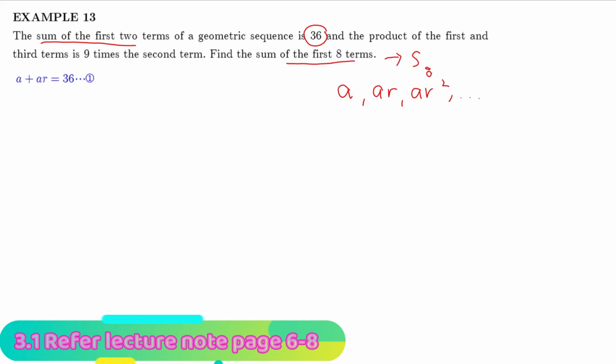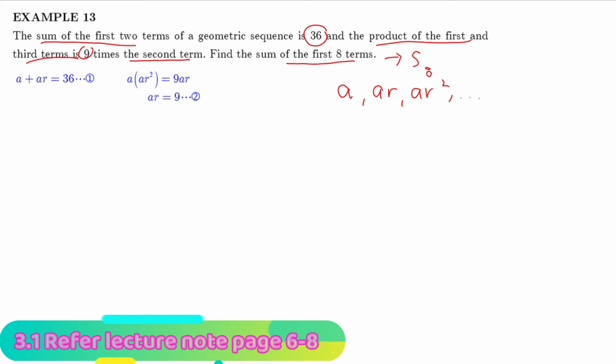And the second one, the product of the first and the third terms is 9 times the second term. So here we have A times AR squared equals 9AR. Simplifying it, we have AR equals 9. So we have a second equation. So we have to solve these two equations simultaneously.